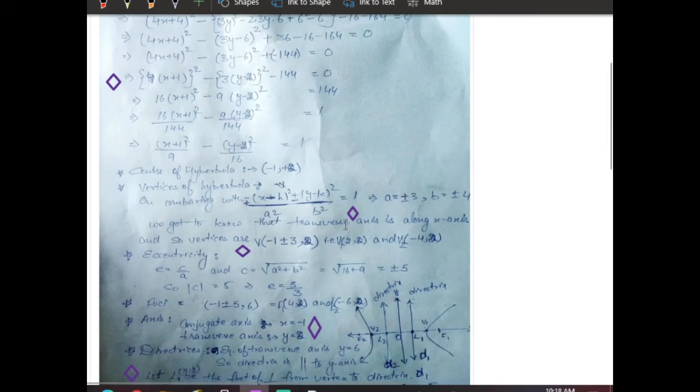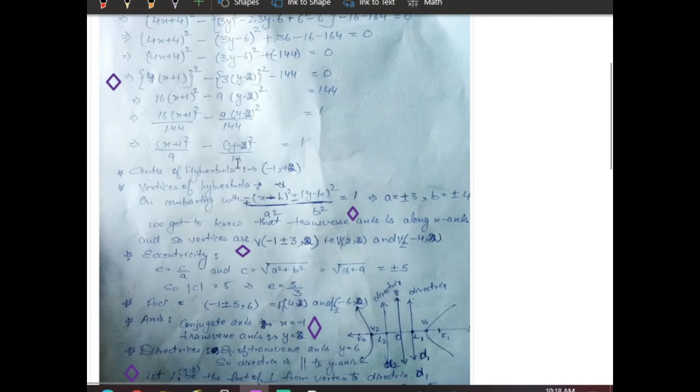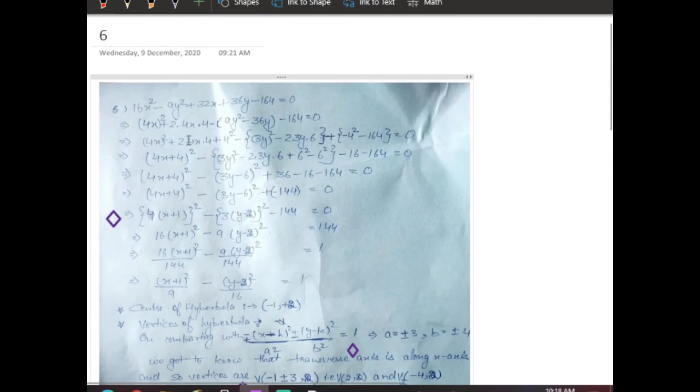The second thing is here. If you look at the denominators in this equation, you'll see 16 is greater than 9, which means the major axis, this is your hyperbola. That means the transverse axis is along x-axis. No, not 16, I'm very sorry, because this is the equation of a hyperbola.